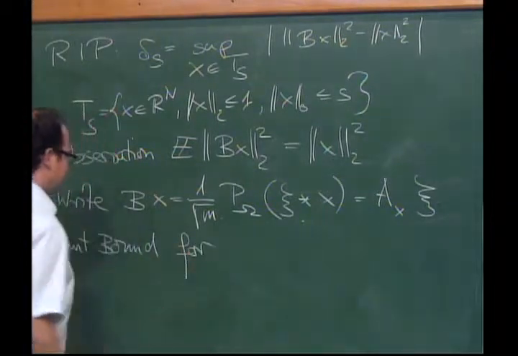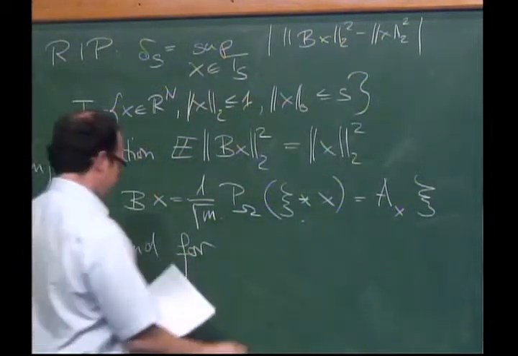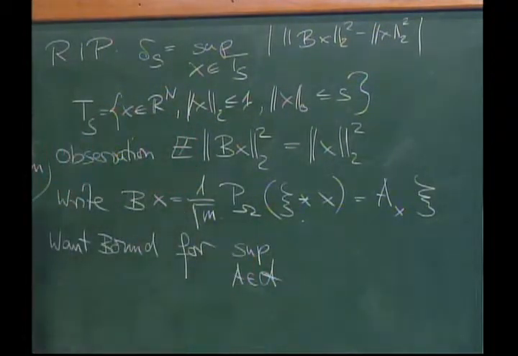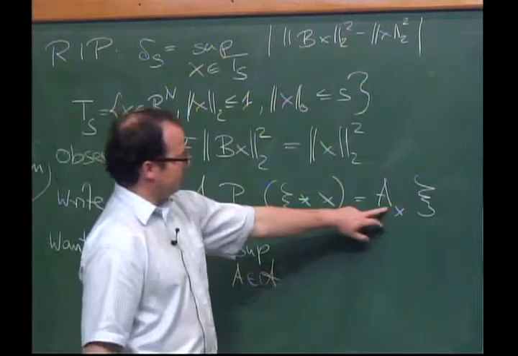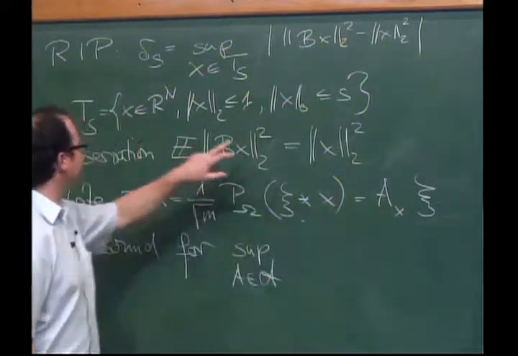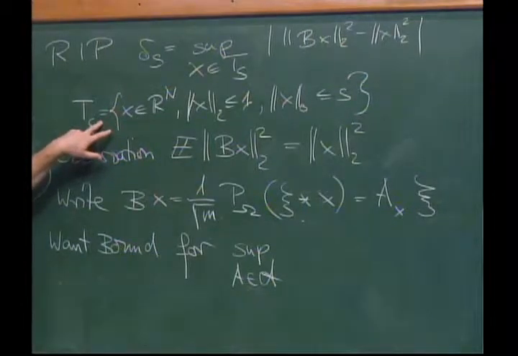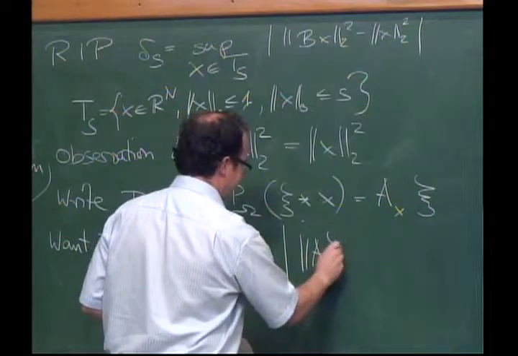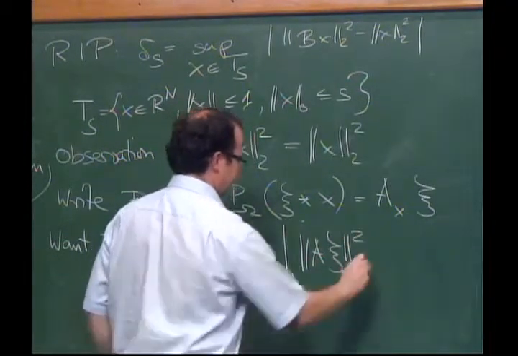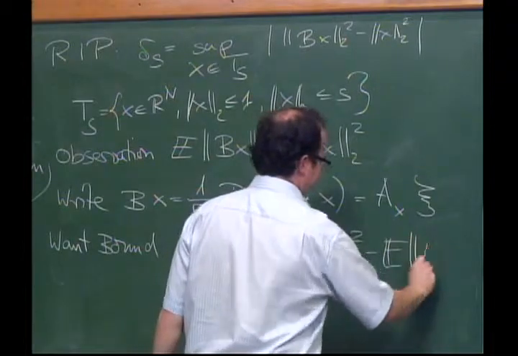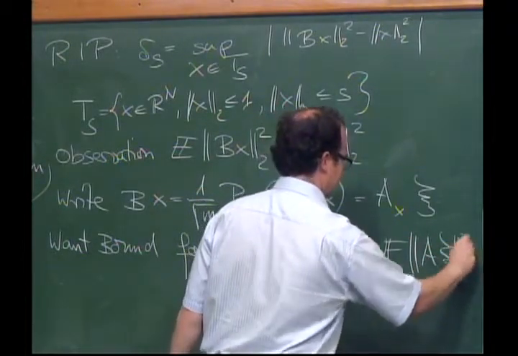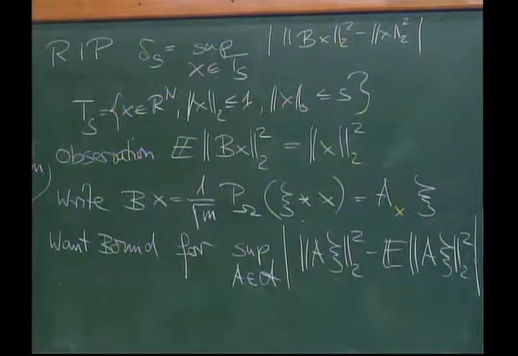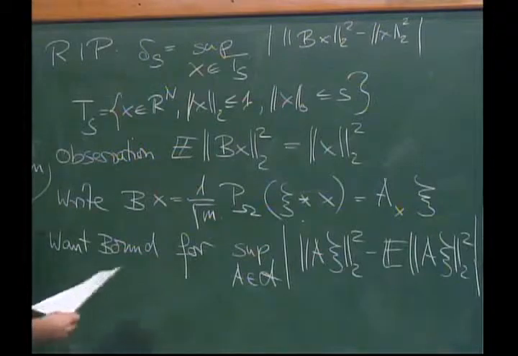what would be helpful to proving a bound for delta s is if we can find a general bound for a quantity of that type. So we take matrices A in a set of matrices. In our case, this would be the matrices A_x, where x runs through this set T_s, of the norm of A xi squared minus the expectation of it.